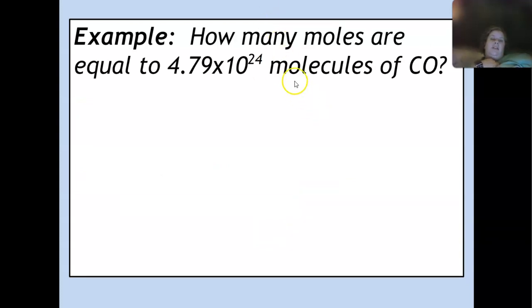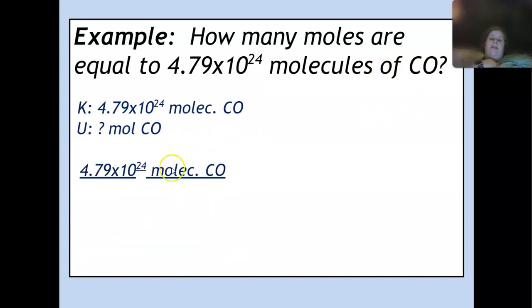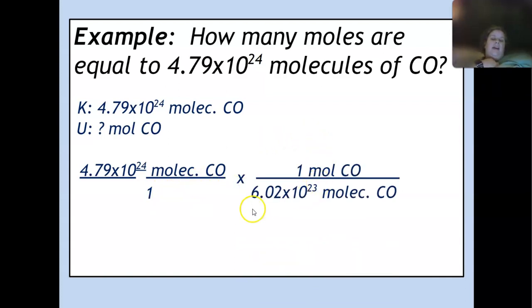The next one is we're going to do particles to moles. So how many moles are equal to 4.79 times 10 to the 24th molecules of CO? So you know how many molecules you have. You don't know how many moles you have. So we're going to take our molecules, divide that by 1, times 1 divided by 6.02 times 10 to the 23rd, because we're going to cross multiply to get rid of our units, to get the 1 unit we want, which in this case is moles.